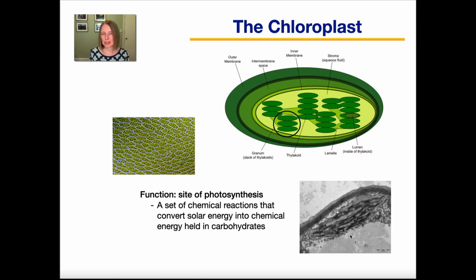Not all eukaryotic cells have the chloroplast. So the chloroplast is an organelle present in plant cells and algae. It is the site of photosynthesis, which is a set of chemical reactions that convert solar energy into chemical energy held in carbohydrates. So this is how plants are able to make food.